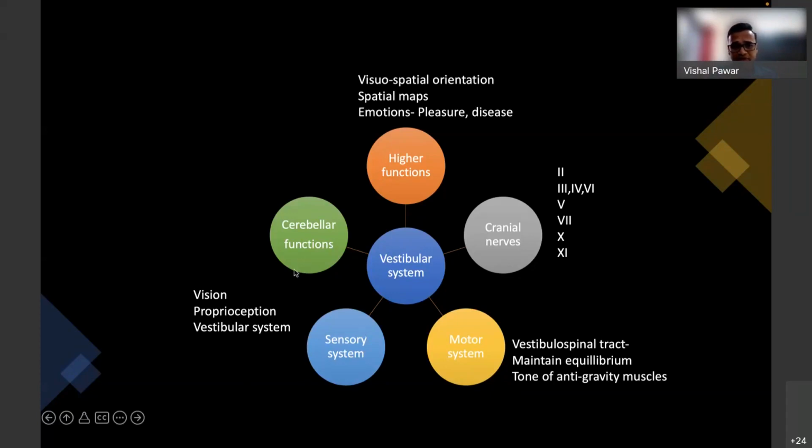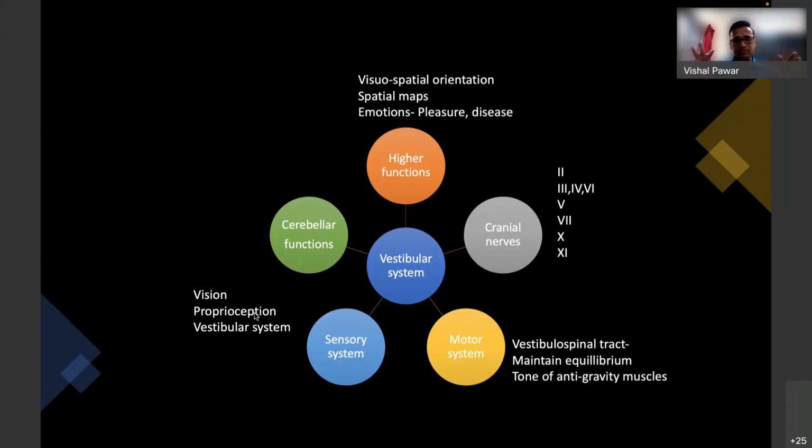And cerebellar functions: all these three inputs go to the cerebellum, and the cerebellum evaluates each one of them and compares them with each other. It will compare the visual input coming from the tectocerebellar tract, the proprioceptive input coming from the olivocerebellar tract, and the direct and indirect vestibulocerebellar fibers, which come directly from the vestibular system, like the semicircular canals, as well as indirectly through a relay at the vestibular nucleus.